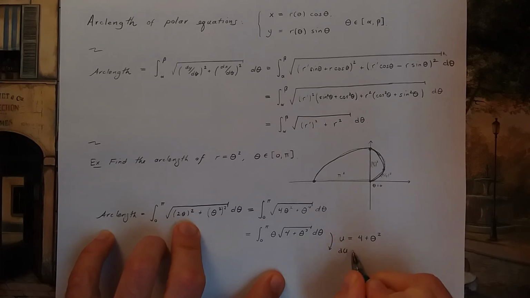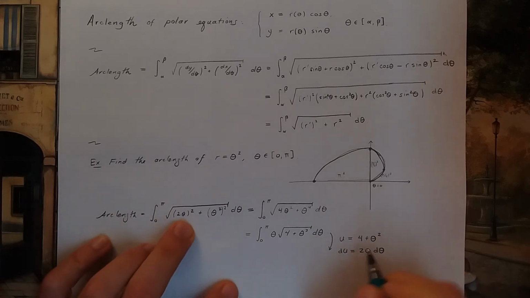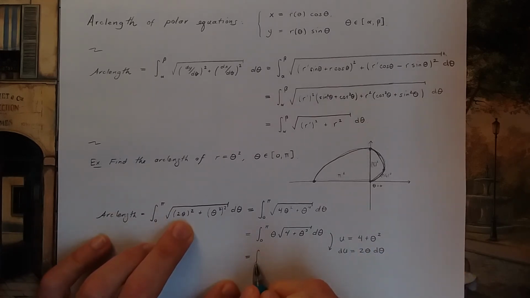Then du d theta would be 2 theta d theta. Whenever you do a u substitution, I really recommend changing the limits of integration. So if theta is equal to 0, then u is equal to 4. And if theta is equal to pi, then u is equal to 4 plus pi squared.